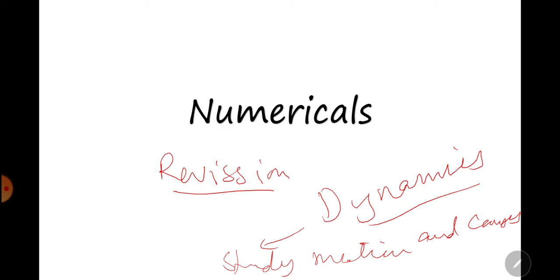The second thing we studied is inertia. We stated that it is the property due to which a body opposes any change in its state of rest or of motion.